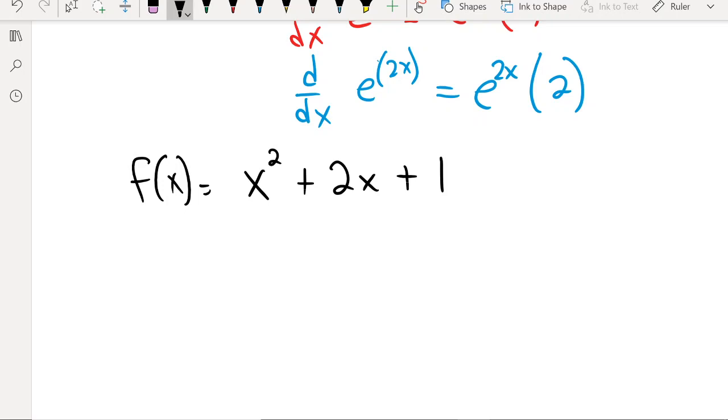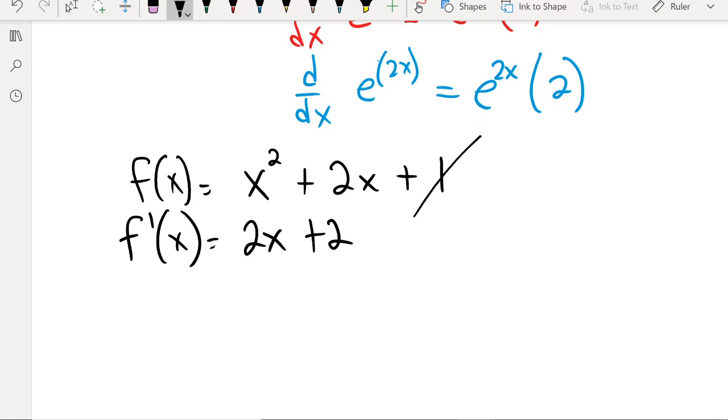And then let's maybe take all of this and square it, so that way we have a chain rule. Well, actually, you know what? Let's not do that just yet. This will be the last example, but I'm going to make it into 2 parts. So the derivative, f prime of x, would just be 2x plus 2, and then the 1 would go to 0. It just goes away.